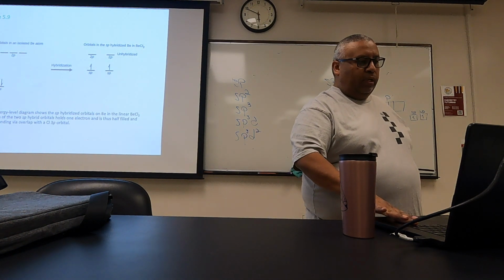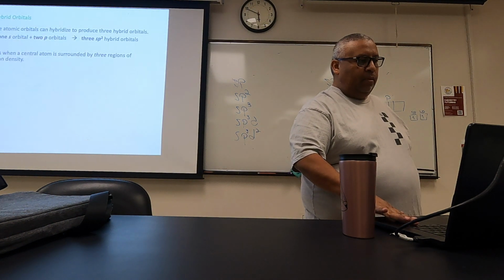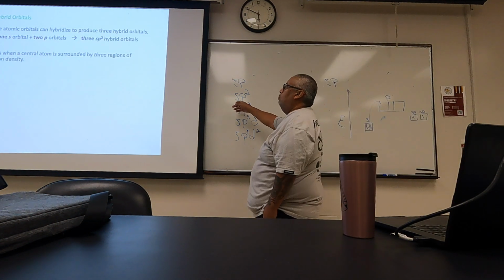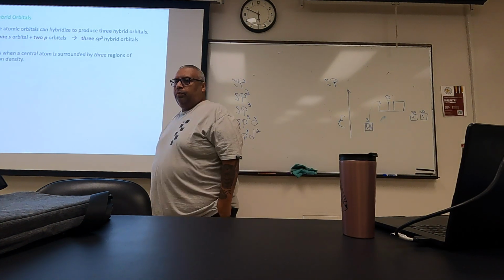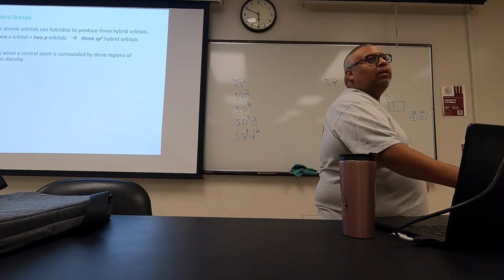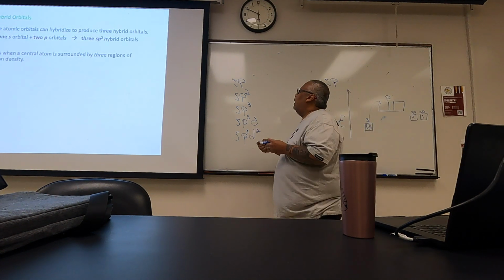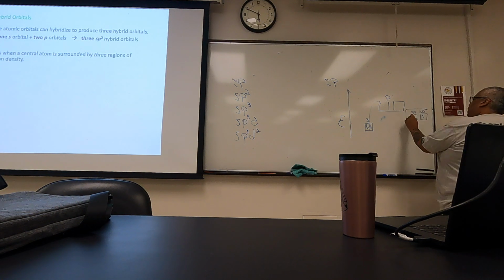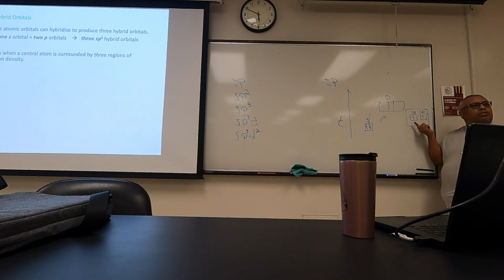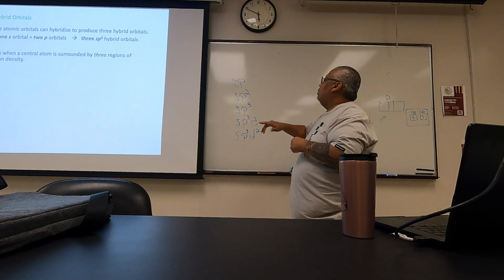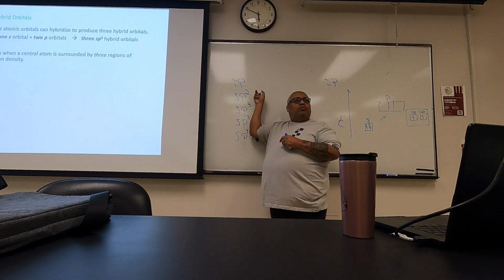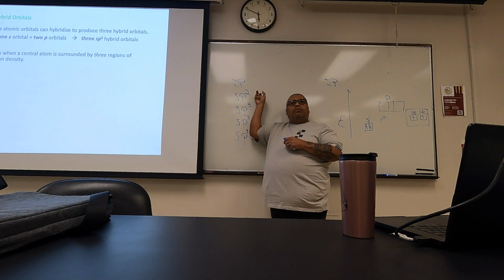So this is just one type here. The other type is what we're going to call sp2 hybridized orbitals. If you're ever lost on how many degenerate orbitals we have, these two orbitals here are the same energy level, so we get two hybridized degenerate orbitals. Here, sp2 means that we're going to use two of the p orbitals.